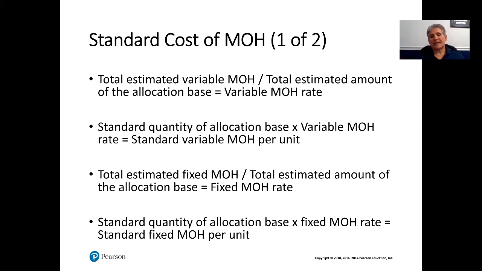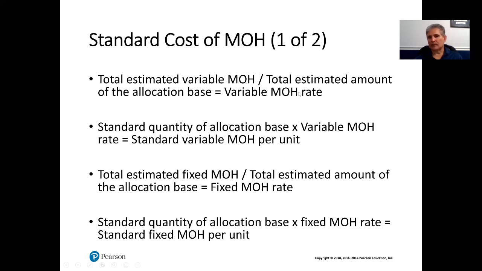So we're coming up with the estimated variable MOH. We're going to look at our budgets. We're going to divide that by the total estimated amount of the allocation base. And we've talked about an allocation base. Could be direct labor hours, it could be machine hours, whatever it may be. And then that computation should be equal to the variable MOH rate.